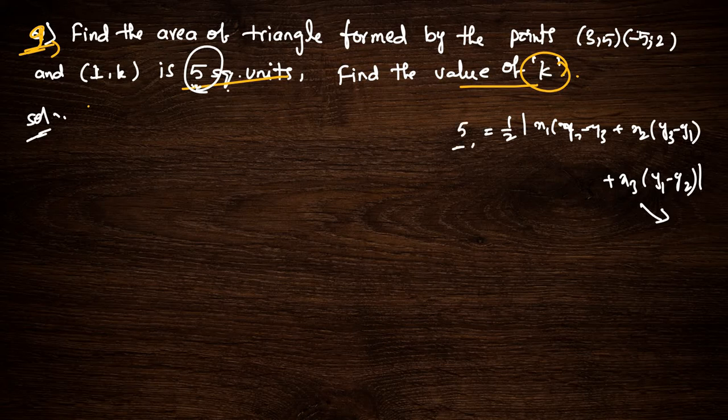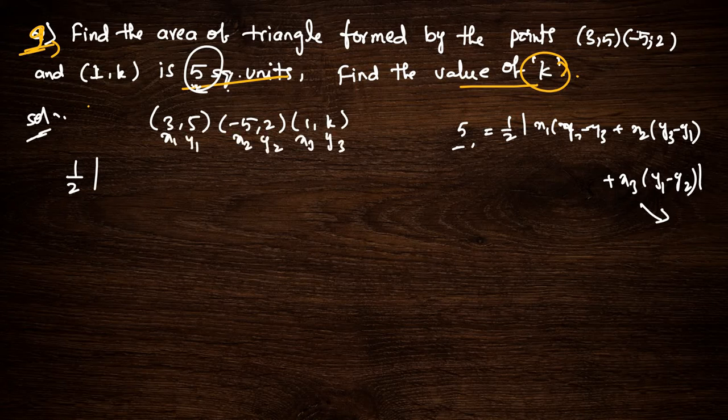So this is the question. We take 1/2 times, with the points first (3, 5), then (−5, 2) and (1, k). So these are x1 y1, x2 y2, x3 y3. Here x1 is 3 into (y2 − y3), where y2 is 2 and y3 is k.